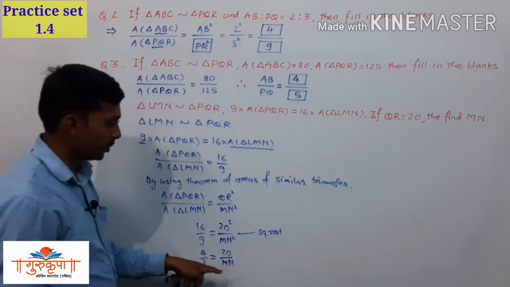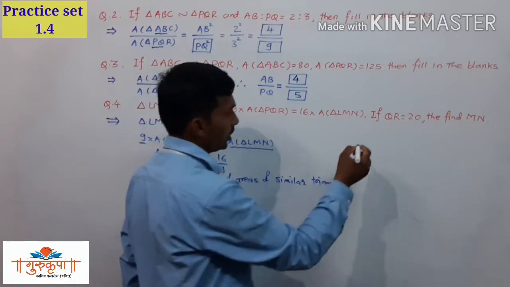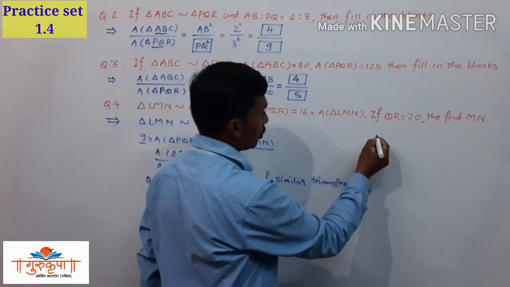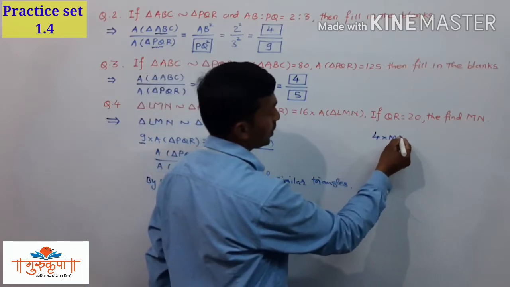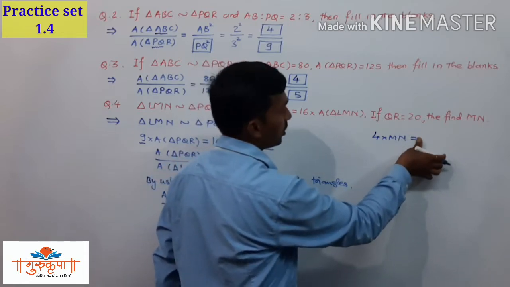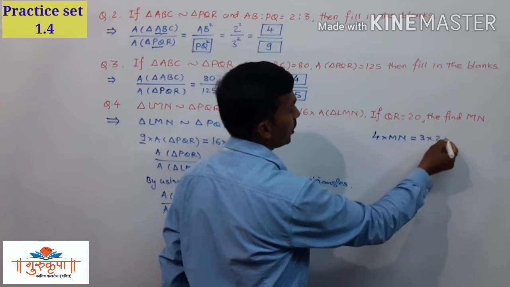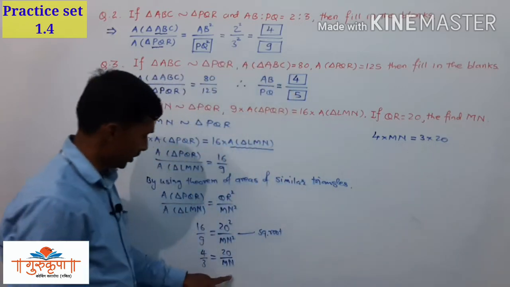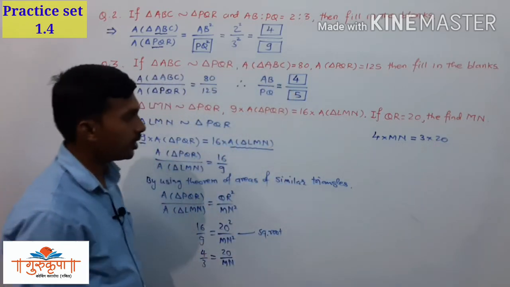Now take the cross multiplication and find the value of MN. So here we have 4 multiplied by MN is equal to 3 multiplied by 20.